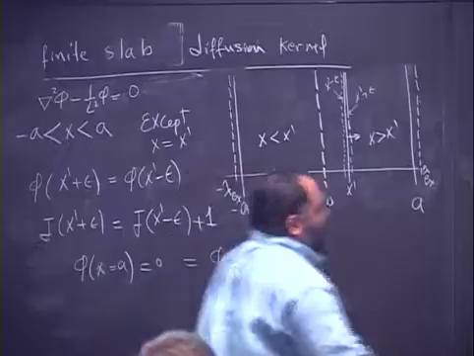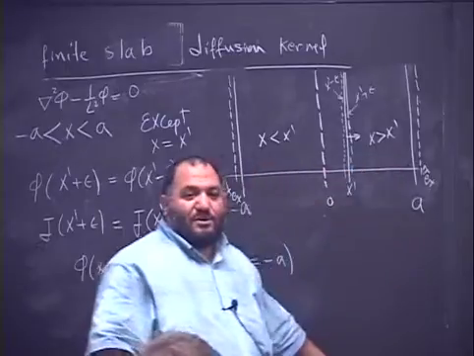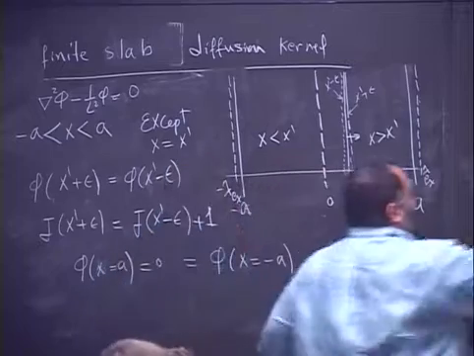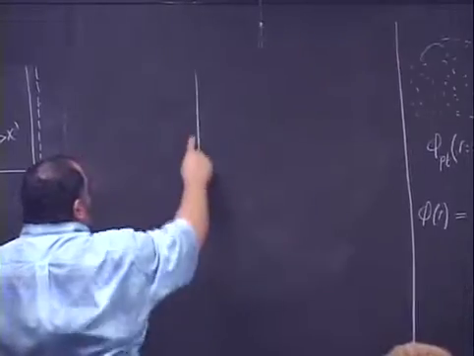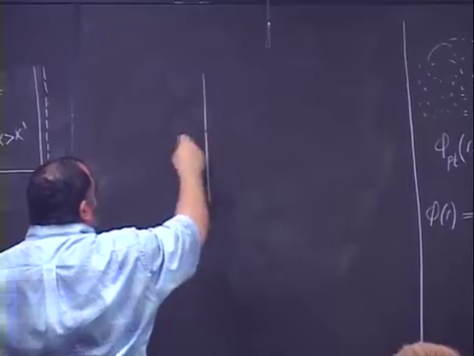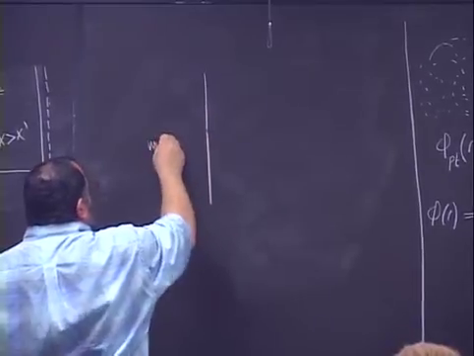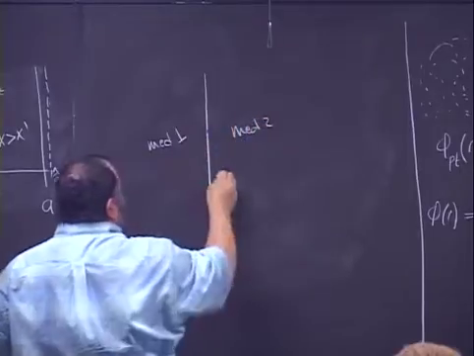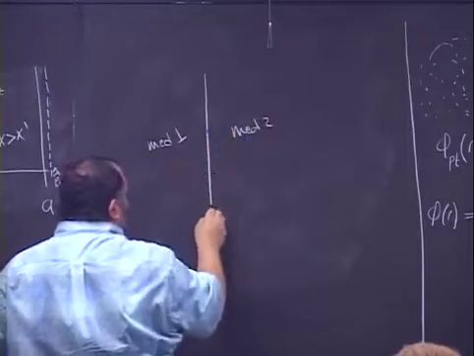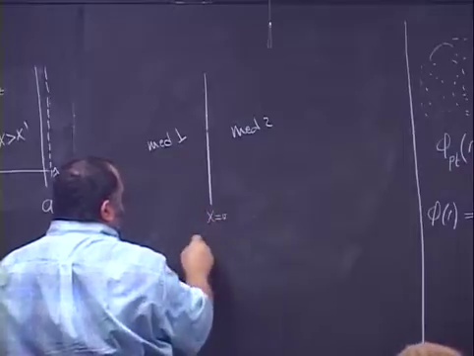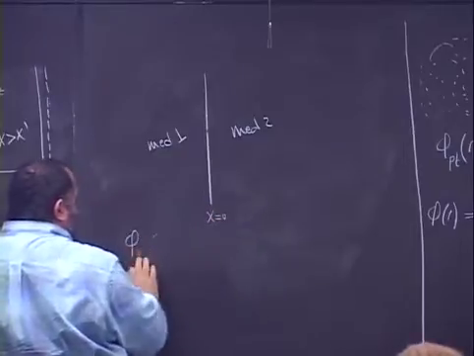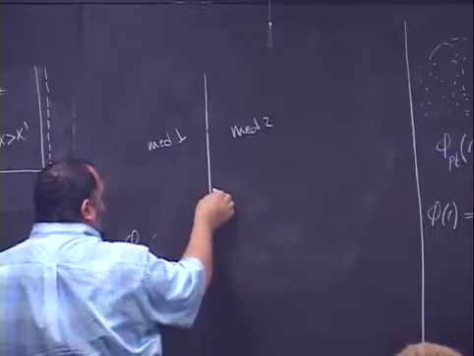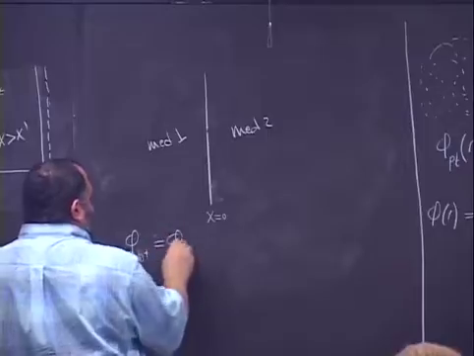Because, if you remember last time when we deduced the diffusion equation, I stated clearly that at the interface, if the interface does not have any sources, and this is medium 1 and this is medium 2, so the flux, let's say this is x equal to 0. The flux at 0 plus is equal to the flux at 0 minus.